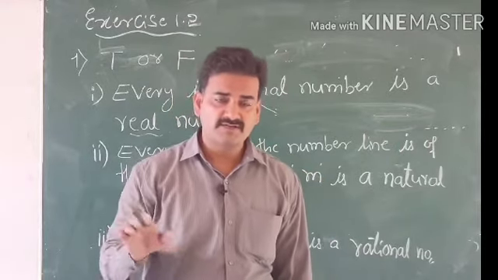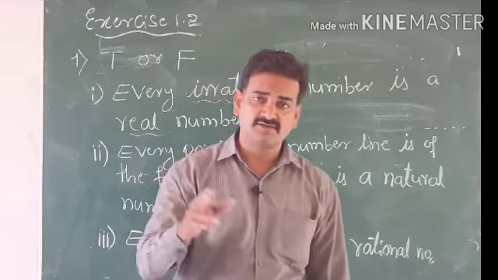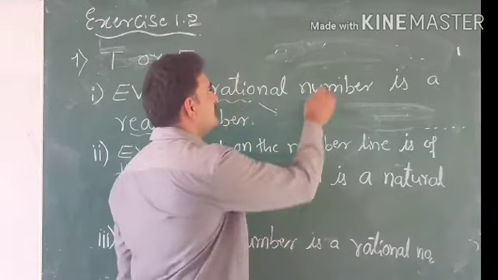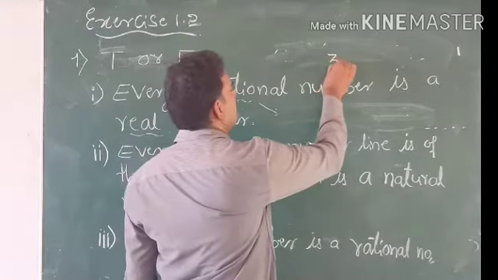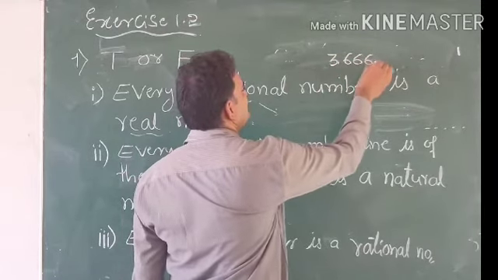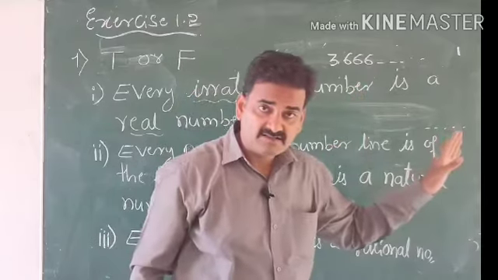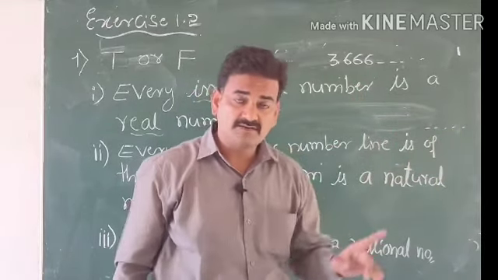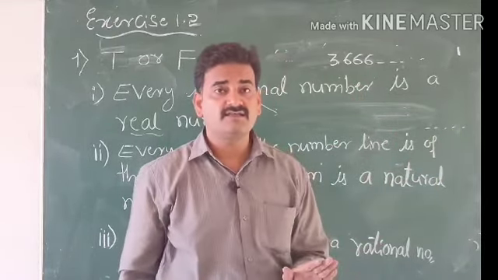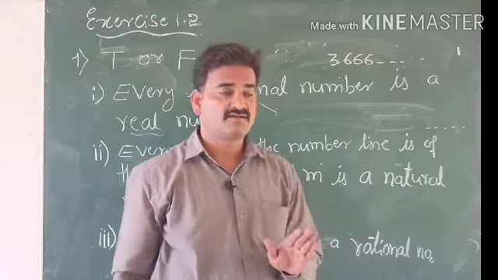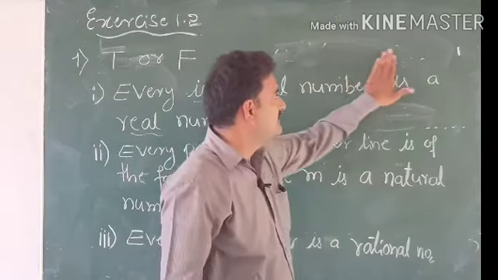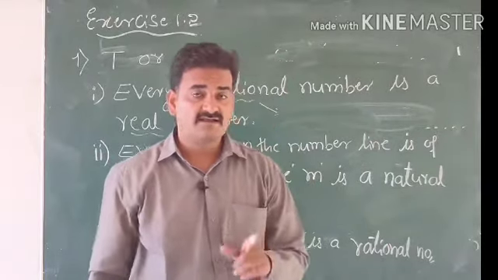They are not going to repeat any number after the decimal. For example, 3.666 and so on: here the number is repeating. If the number is repeating, then it is not an irrational number. It is a rational number.